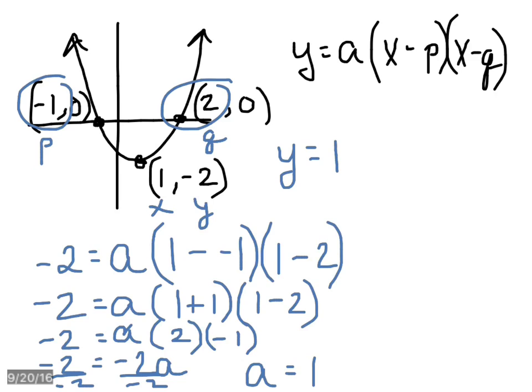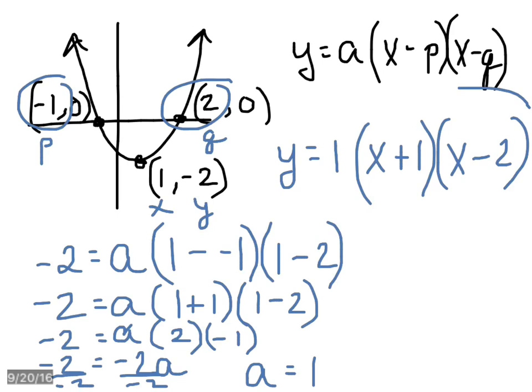I'm putting it there just so that I show you what it looks like. Do you have to put a 1 there if it's a 1? No. But I'm just showing you that's where it goes for this one. x. And then when I put negative 1 in there, what happens? Change it to a positive, so x plus 1. And then x minus 2. And done.